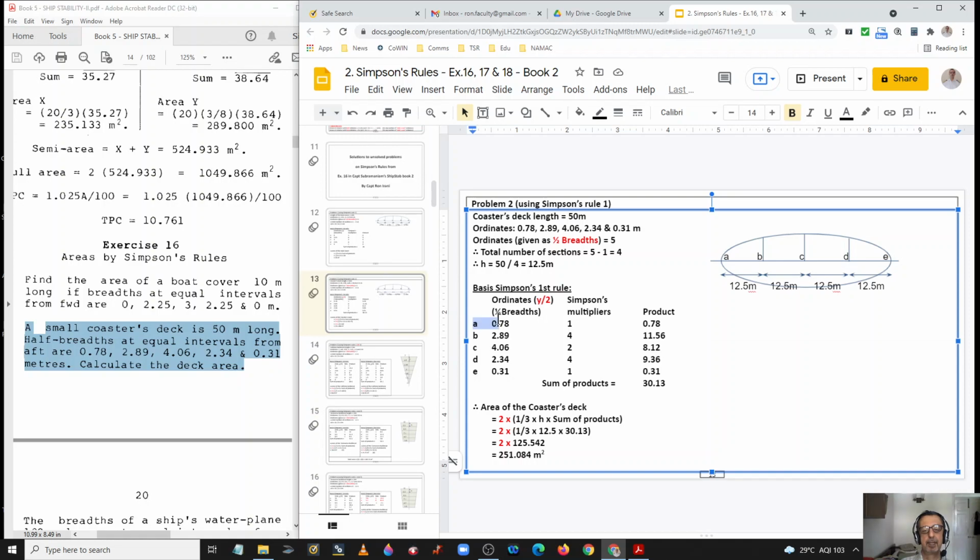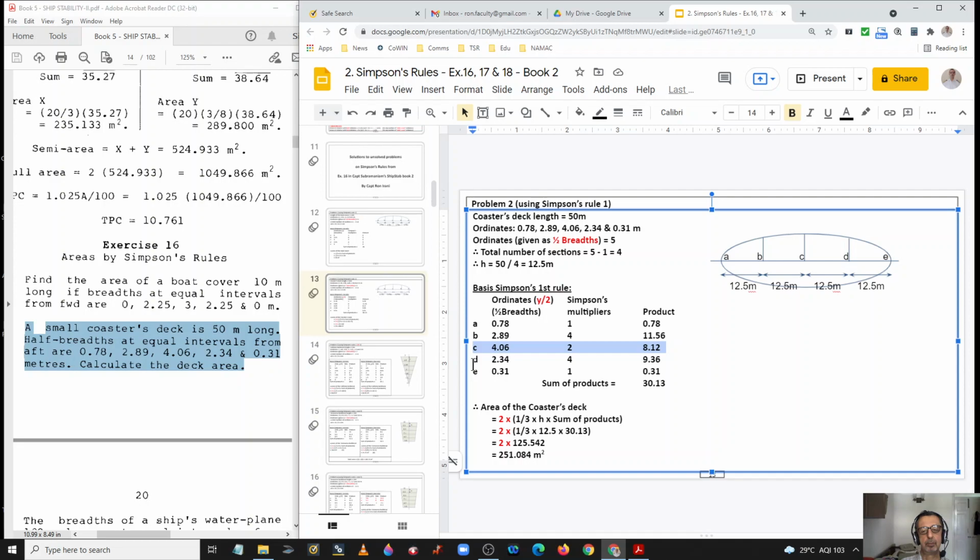Thus for ordinate A, semi-ordinate A, we have 0.78 into 1 equal to 0.78. For semi-ordinate B, we have 2.89 multiplied by 4 giving us 11.56. For semi-ordinate C, we have 4.06 multiplied by 2 giving us 8.12.